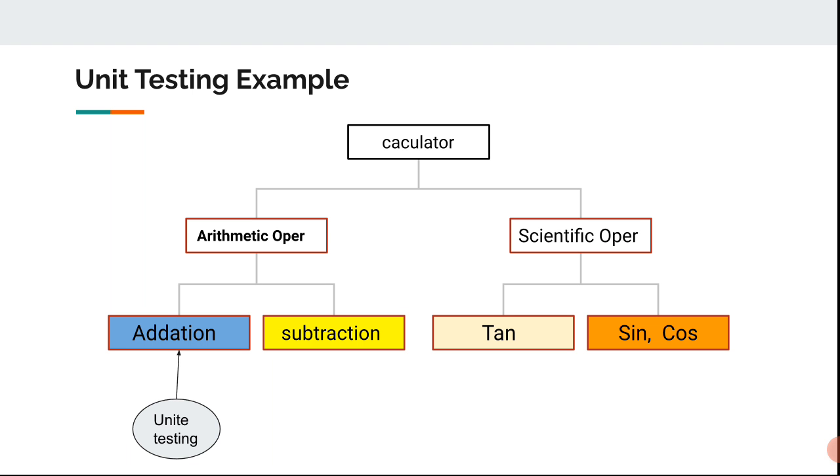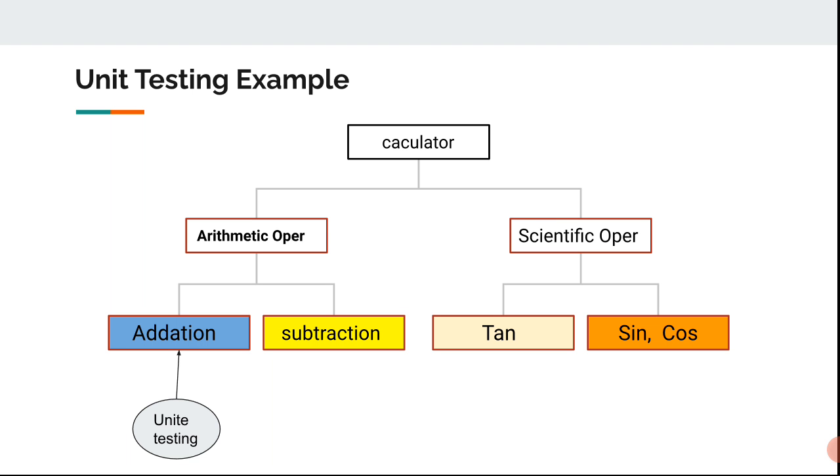For example, we have a simple example of unit testing. We have a calculator. In a calculator we have arithmetic operations and scientific operations. In arithmetic operations we have addition and subtraction, and in scientific operations we have tangent, sine, and cosine value calculations. If we consider addition, we check whether the calculator performs the addition or adds the values or not.